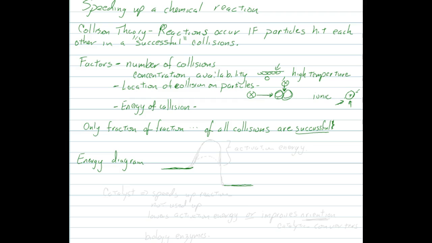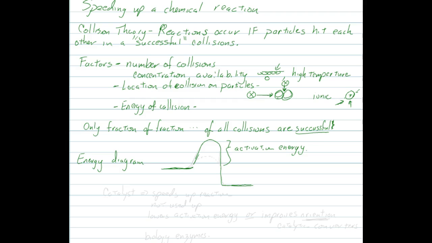Sometimes this bump is very tall. Sometimes this bump is very small. This is the activation energy. The activation energy is the energy needed for a reaction to occur. Once you overcome that activation energy, things tend to go.